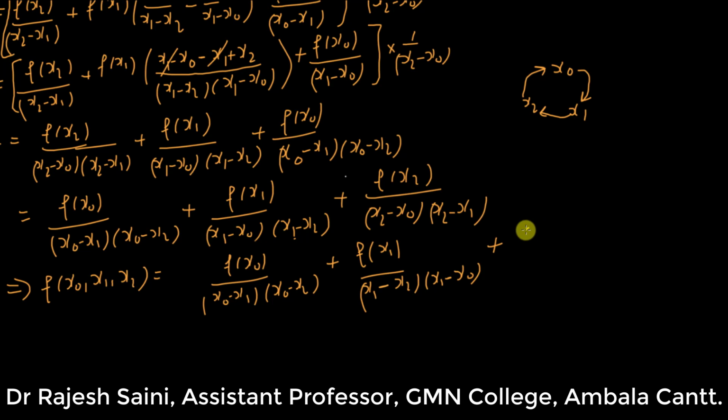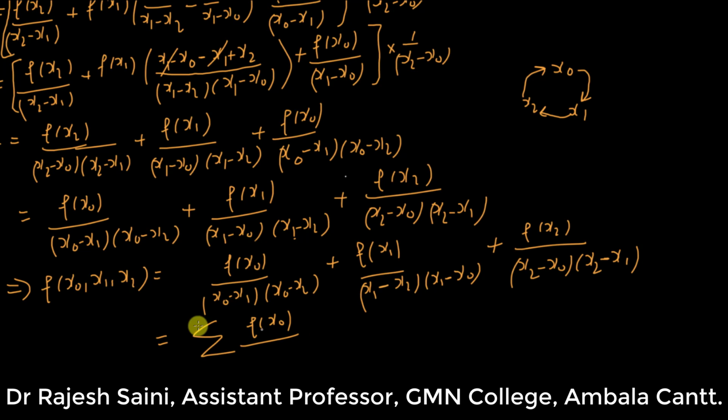After x1 you will get x2, after x2 you will get x naught, after x1 you will get x2, after x naught you will get x1, fine. So I could also write it something like summation starting from any of the term.